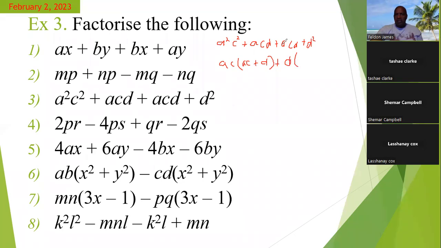So D into ACD will just leave AC. And D into D squared would leave D.